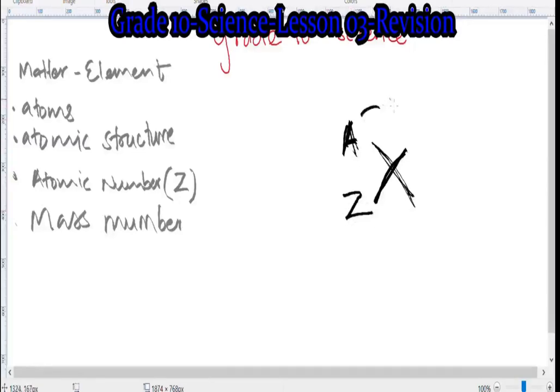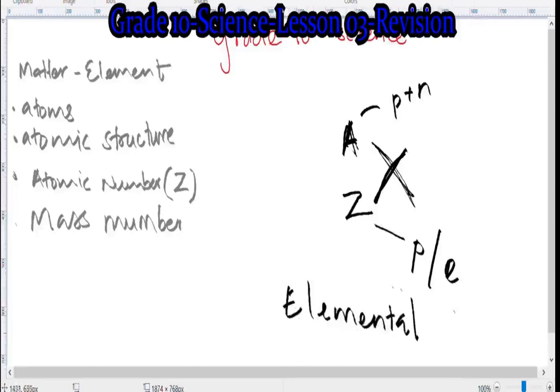So this will be protons plus neutrons. This will be protons slash electrons, because in the elemental state they are the same. Okay, so that is that.